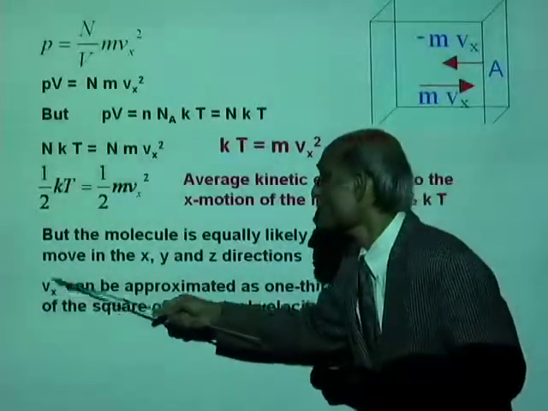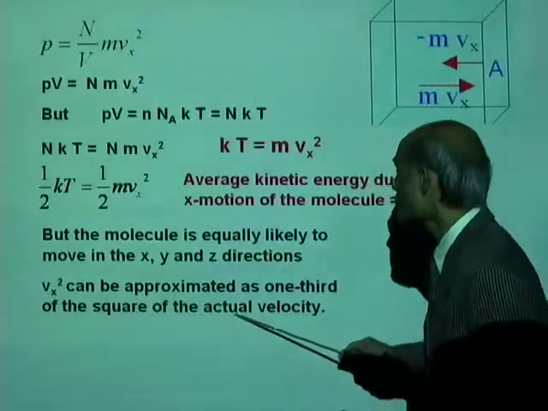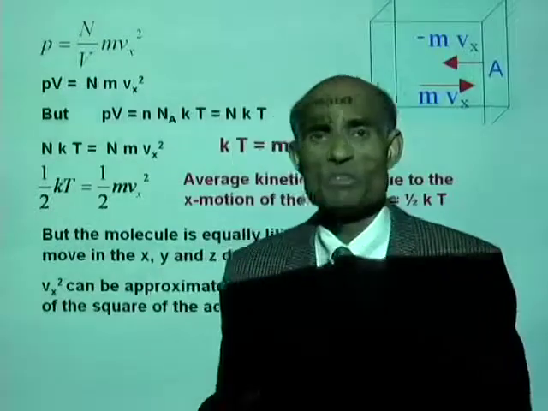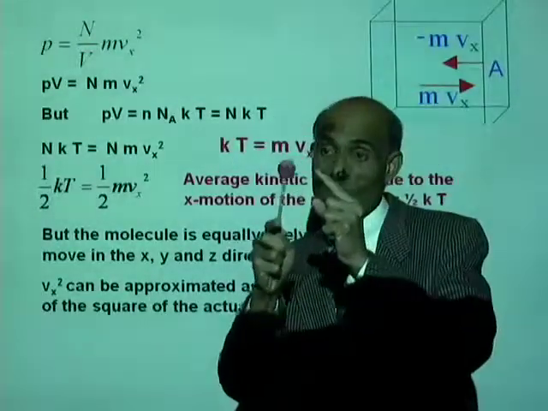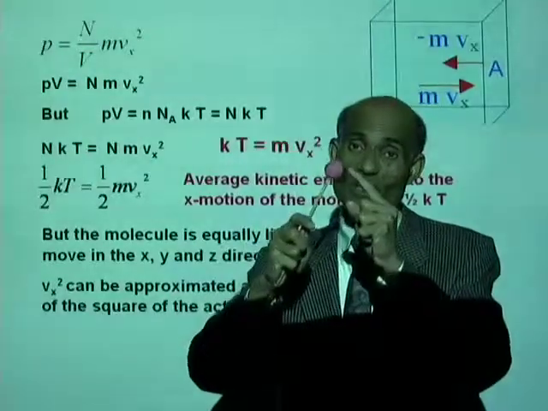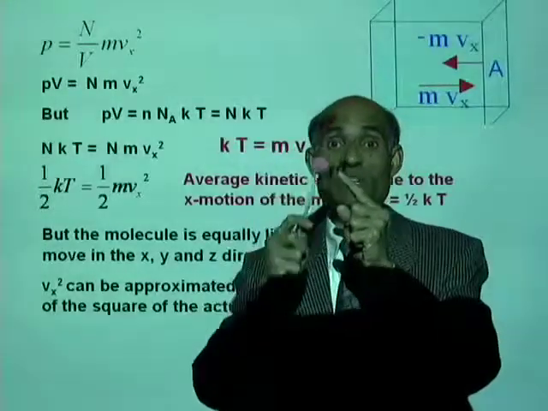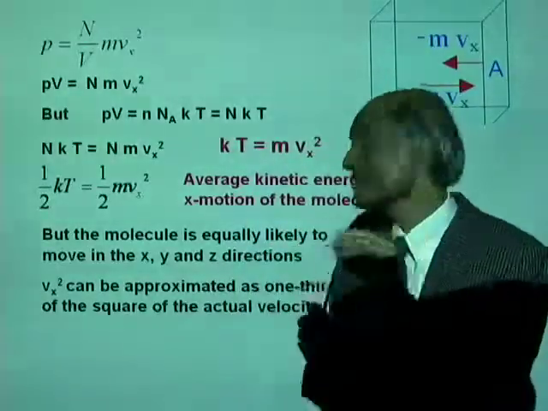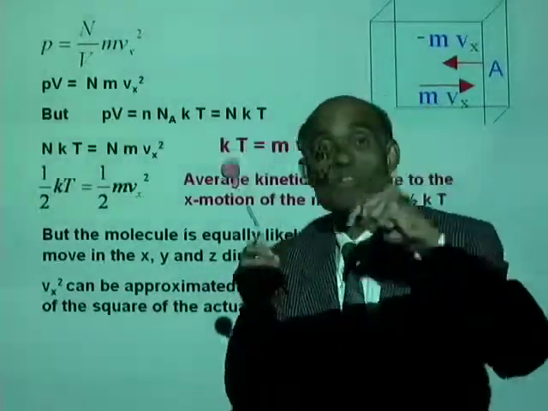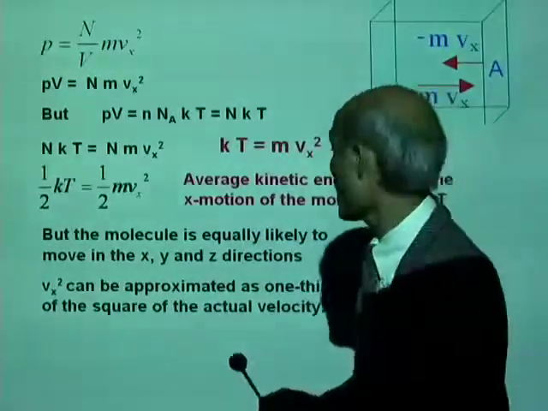Therefore, vx squared can be approximated as 1/3 of the square of the actual velocity. You see, if the velocity of this molecule is in any arbitrary direction, it is made up of vx, vy, and vz. Therefore, we can consider this vx squared as 1/3 of the square of the average velocity of the molecule.